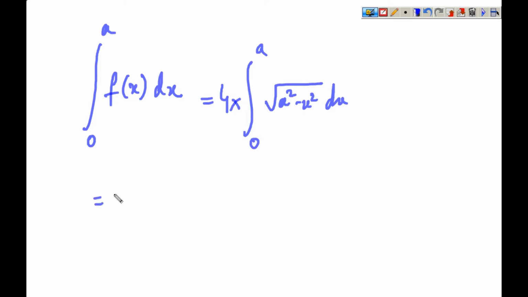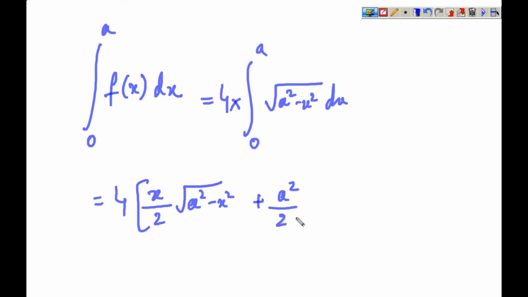Now this comes out to be 4 times x by 2 times the square root of a squared minus x squared, plus a squared by 2 times sine inverse x by a. And if I apply the limits, the lower limit will be 0 and the upper limit will be a.